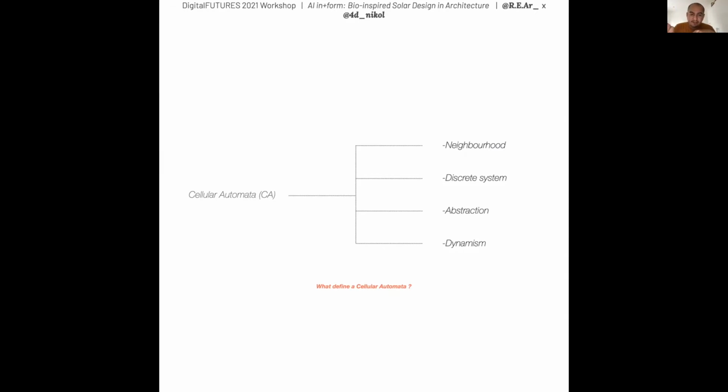Then the third concept is abstraction, because at the end, with CA, we are creating a simplification of a complex problem. But this simplification doesn't mean that we are losing data. No, we are selecting a specific set of data to be used for this simulation. And then the fourth concept for this cellular automata idea is dynamism, because everything is running in a generative process, time by time.